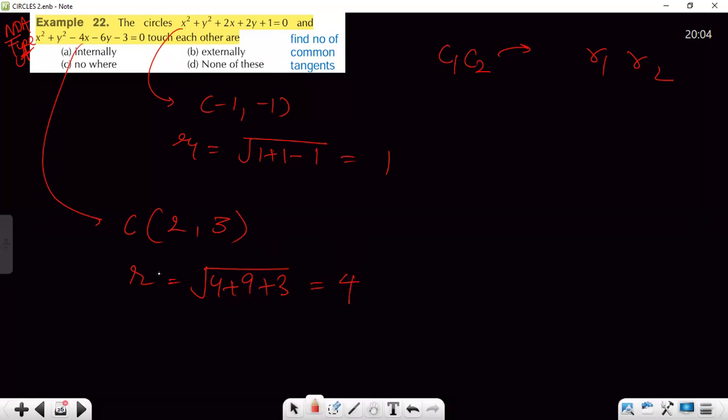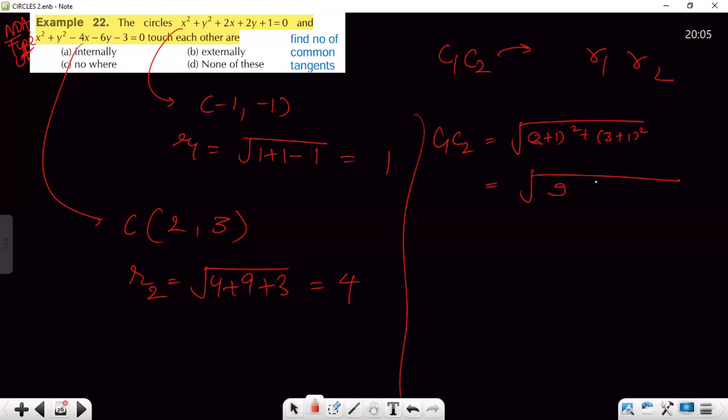So the radius becomes 4. Okay, distance between C1 and C2, applying the distance formula: 2 minus minus 1, so 2 minus minus 1 whole square plus 3 minus minus 1 whole square. So this becomes 3 whole square, that is 9, plus 4 whole square, that is 16. That becomes 5.